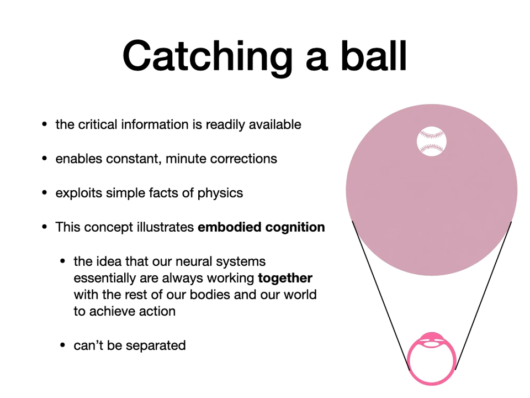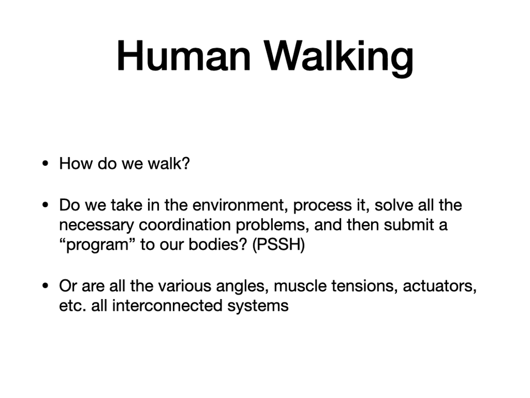There's an interesting study we can look at. So human walking. How do we walk? How do we learn to walk? Are we taking in the environment and processing all of it and solving all the necessary coordination problems, the multidimensional math to actuate all of our arms and legs to program our bodies?